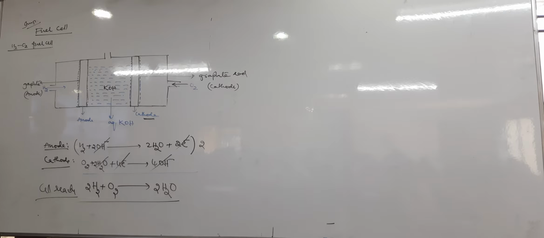Next, pure and dry oxygen is bubbled into the KOH through the cathode, and hydrogen gas is bubbled into the KOH through the anode. So now take the reaction at anode, reaction at cathode, and cell reaction.